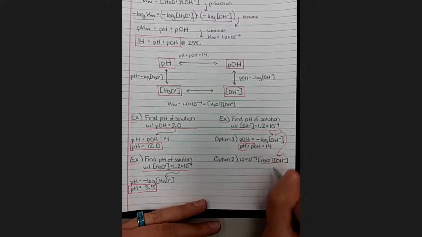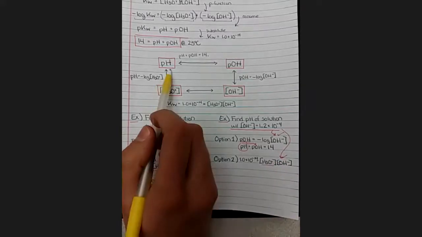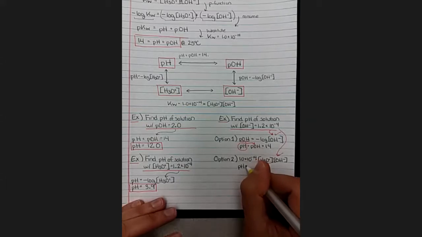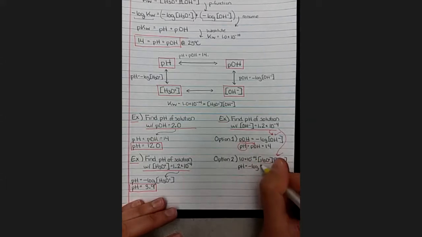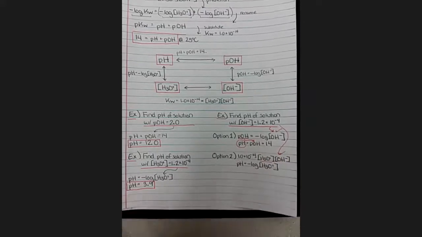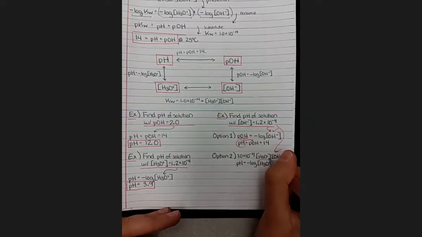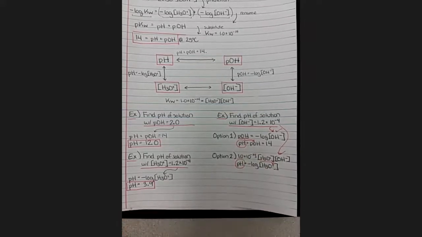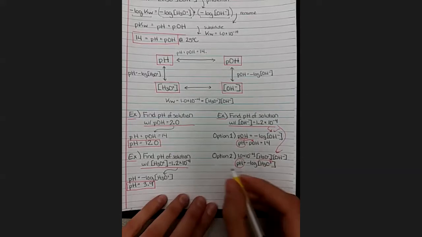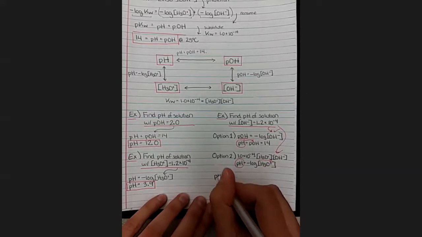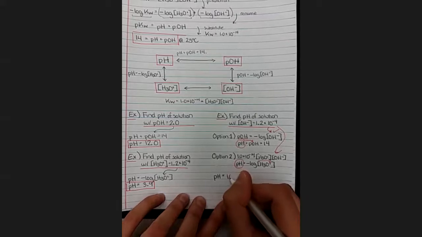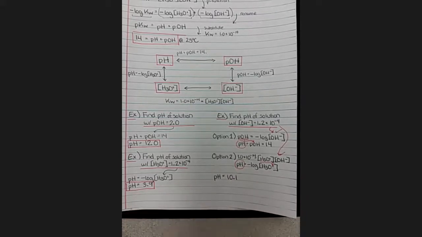We can solve for H3O plus, and then we can use the left side of the square. Next, pH equals negative log hydronium concentration. Take that number we solved for and plug it in and solve for pH. So both of these numbers should give you the same answer. And hopefully, if you and your calculator are working well together, that answer should be 10.1.